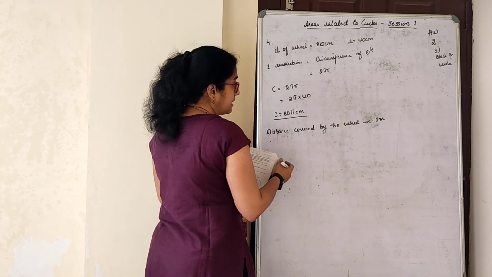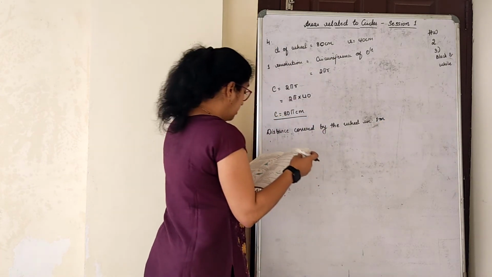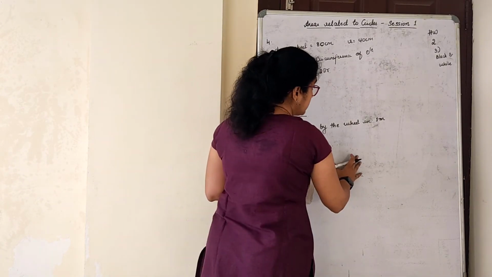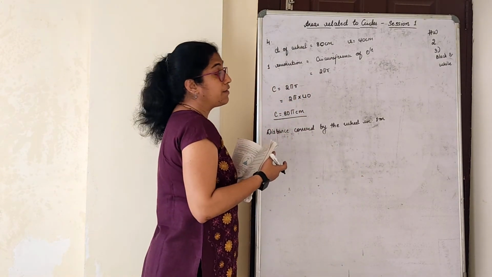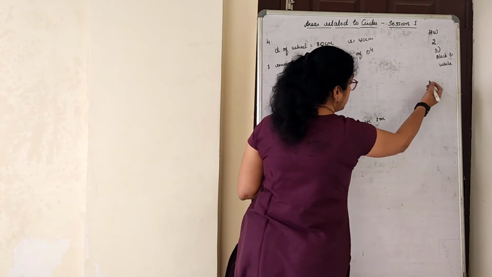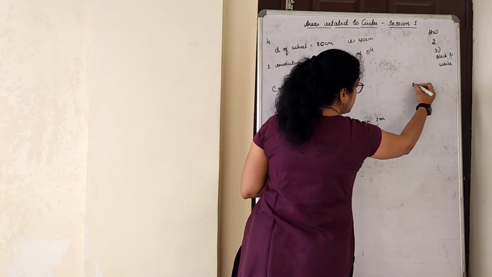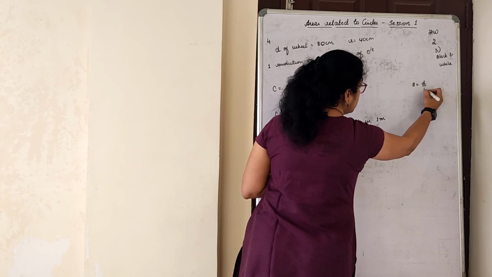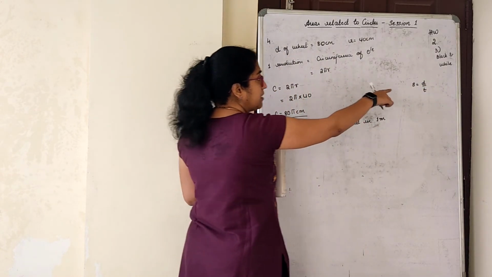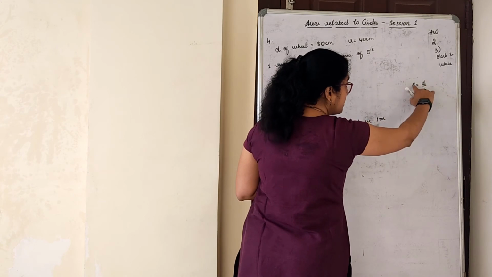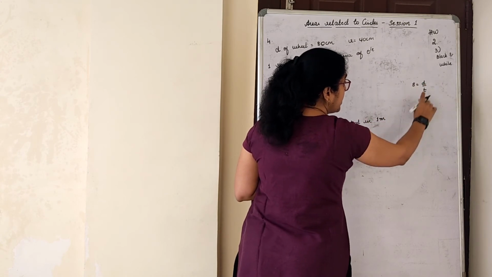Distance covered by the wheel in 1 minute, which is 66 km per hour in respect of speed they have given here. So what is the formula? I will just write here because directly I can apply. We know that speed is equal to distance by time. Here speed is given, and distance we have to find.